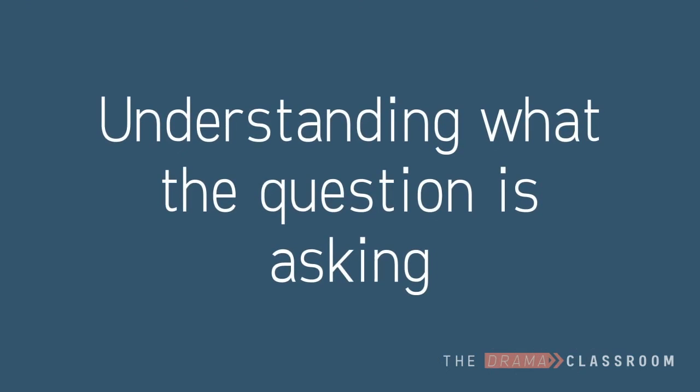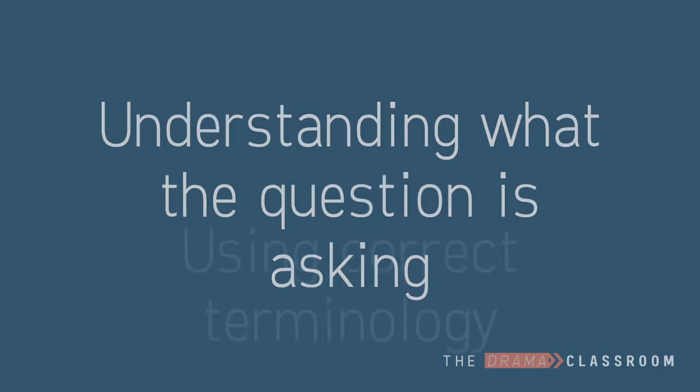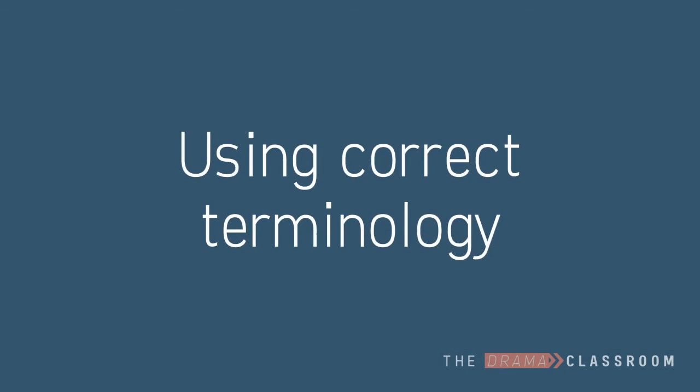Now, there you have two different questions that are covering production areas. Regardless of what the question is, there are a few top tips that you really need to think about when you're answering these questions. Firstly, you need to understand exactly what the question is asking. You need to make sure that you're using the correct drama terminology.